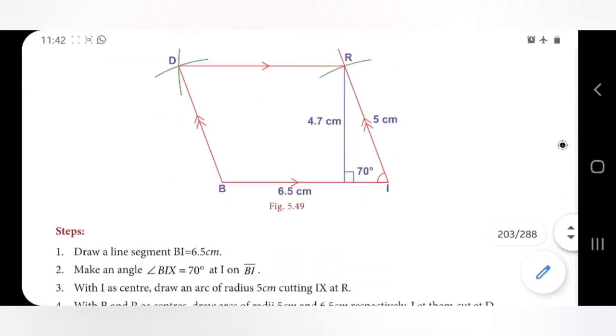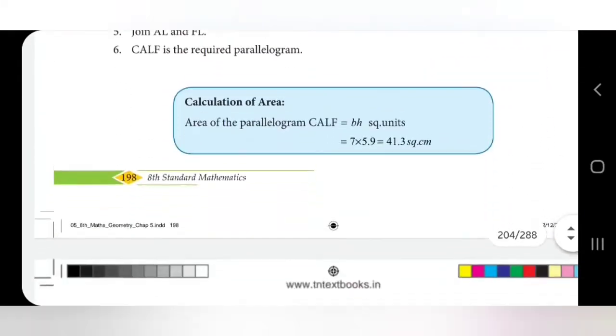So cut an arc, then you can join the parallelogram. This is the simple method which we can do by the given measurements. I'll explain the other exercise sums.